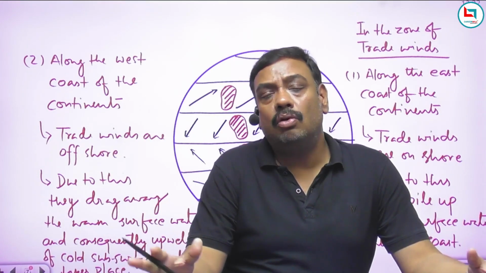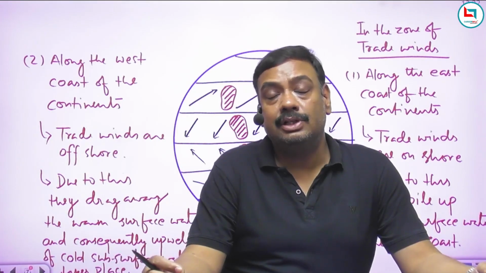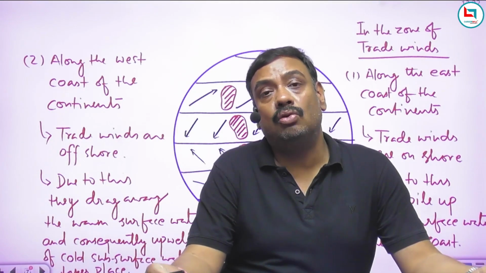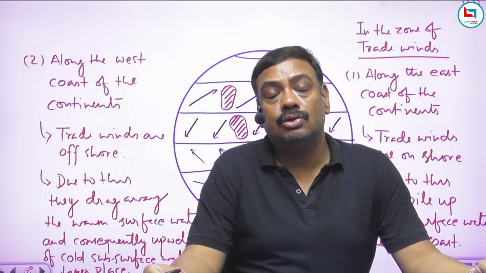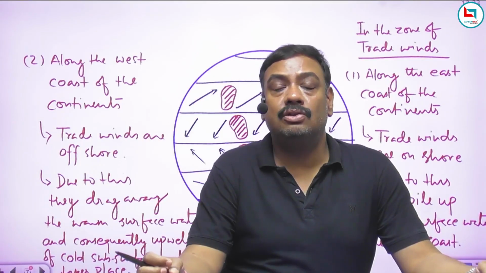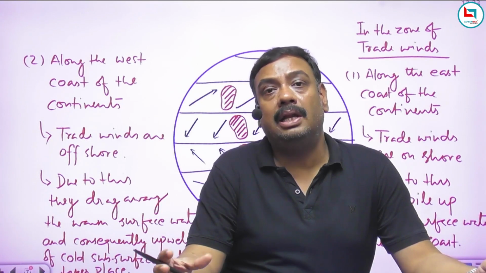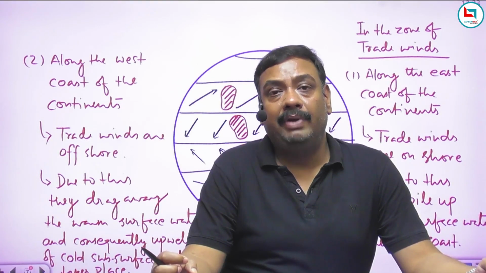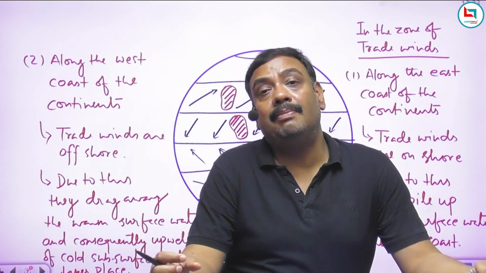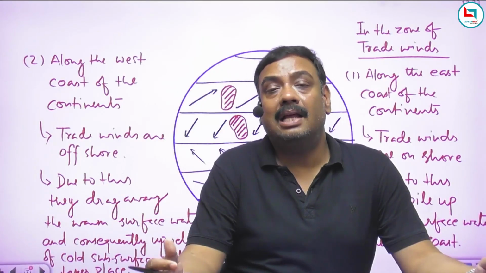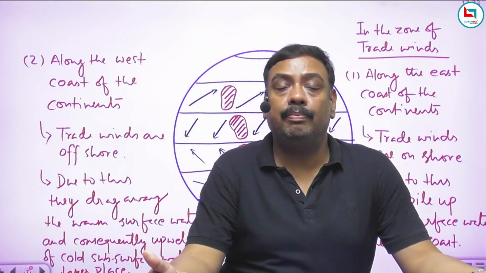So in the zone of polar winds, one thing which is also important is that the land is not expanded horizontally or latitudinally very clearly or very demarcated, as we can see in the zone of trade winds and westerlies.